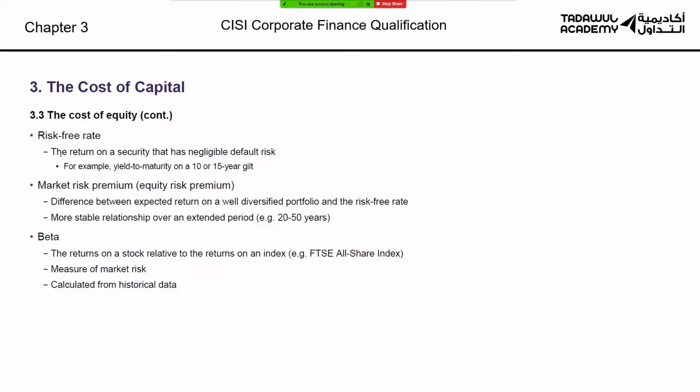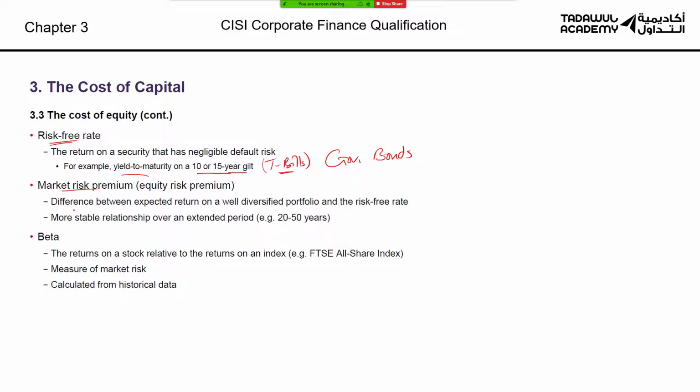In order to calculate CAPM and the cost of equity, the expected return, we need the risk-free rate, the yield to maturity on a 10-year or a 12-year gilt. Sometimes you'll get it as treasury bills. More likely, if you are given this or this, it's more likely on the short term. What this is telling is usually government bonds. We've seen both in the exam.